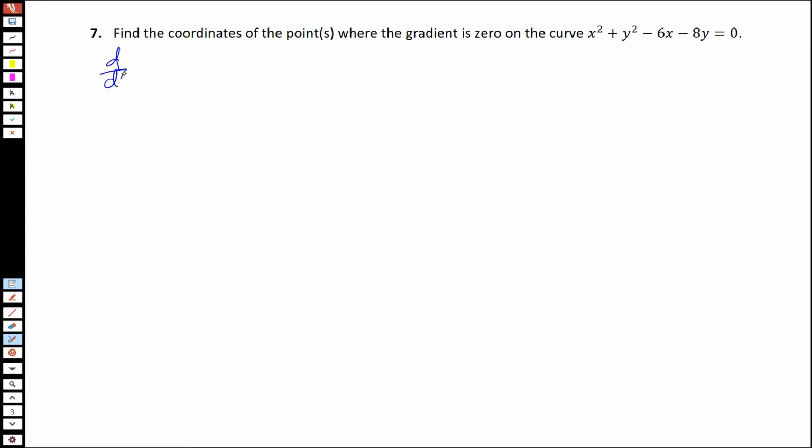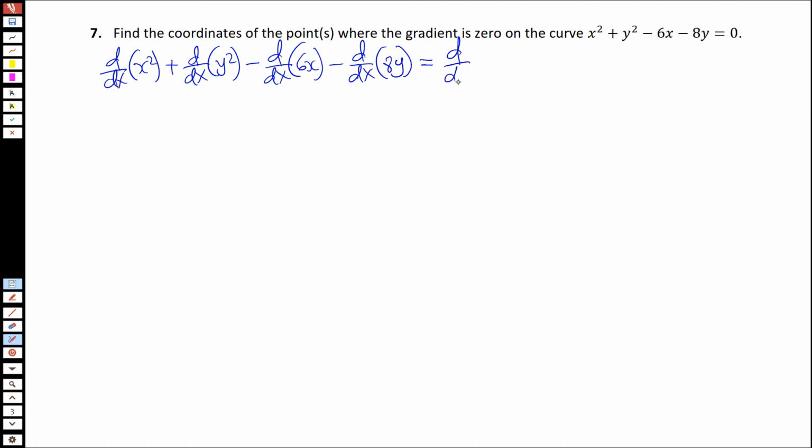So d over dx of x squared plus d over dx of y squared minus d over dx of 6x minus d over dx of 8y will be equal to the derivative of 0. Okay, so let's start from the left. This will be 2x plus 2y dy over dx minus 6 minus 8 dy over dx, which will be equal to 0.